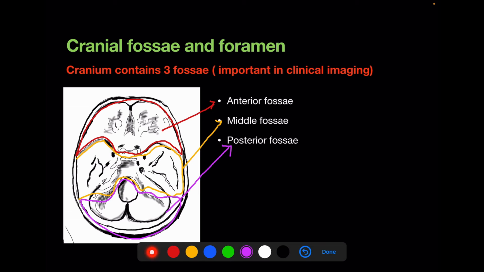And we have another one, but this is not a fossa, this is a hole, that is foramen magnum. It's a big hole. We will discuss this foramen in another slide. This is called foramen magnum, a very important foramen.